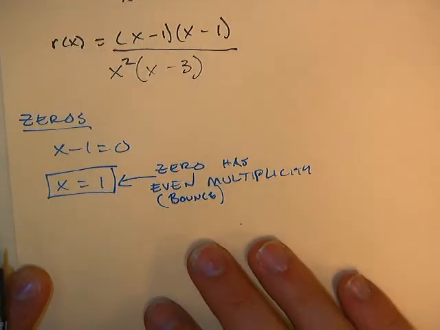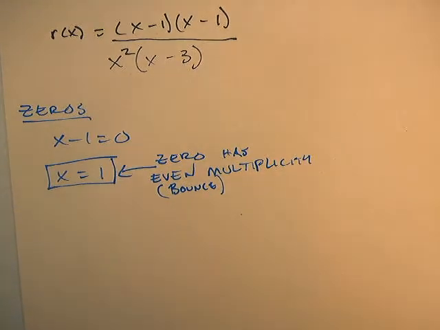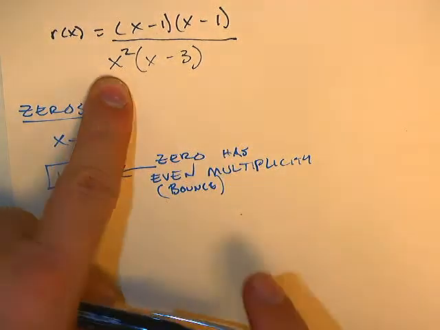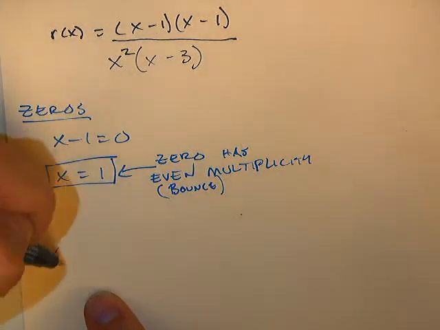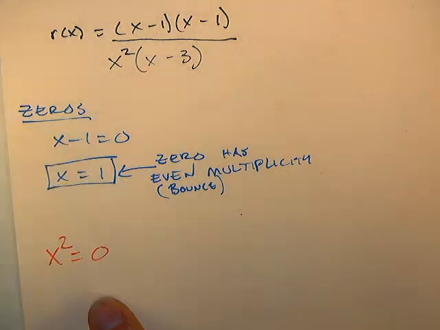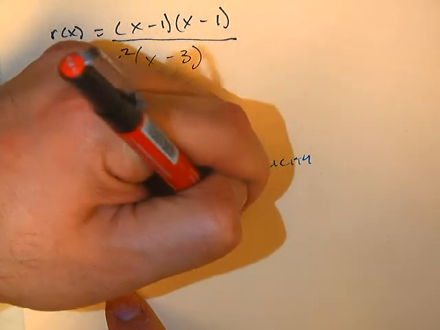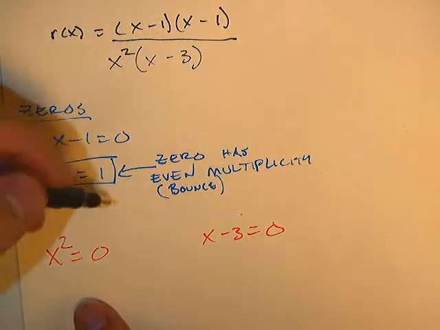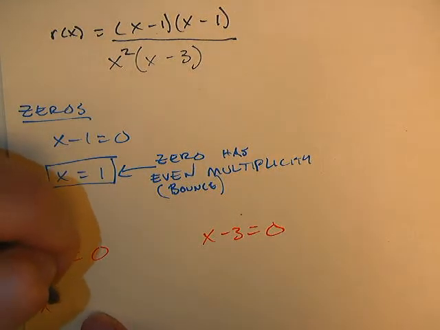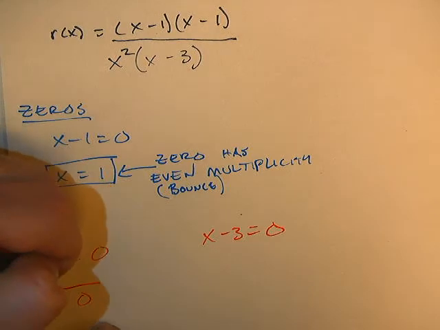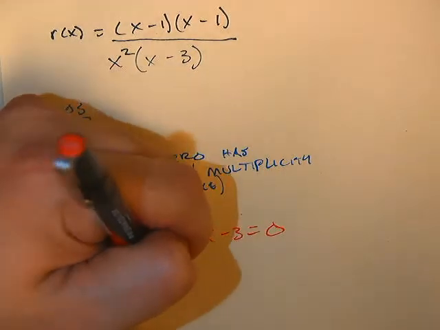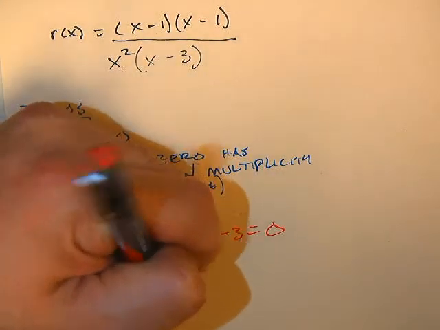And we can now go ahead and see what we can tackle with these vertical asymptotes. So I take these two factors down here. I have x squared equals 0, and I have x minus 3 equals 0. So this means that I have x equal to 0, and I have x equals positive 3.